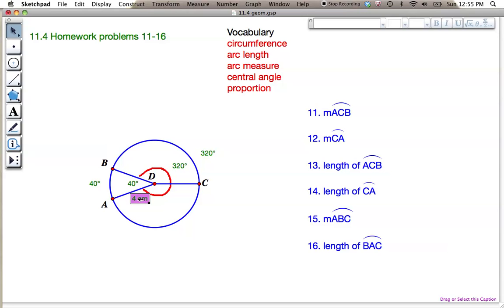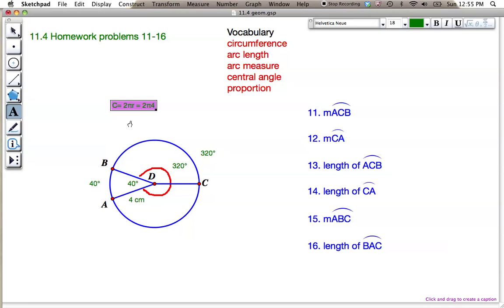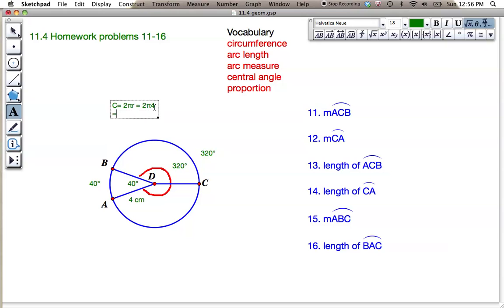The total circumference of the circle is C equal to 2 pi r. So for us, that is 2 pi times 4, which is going to equal 8 pi. So our total circumference is equal to 8 pi.